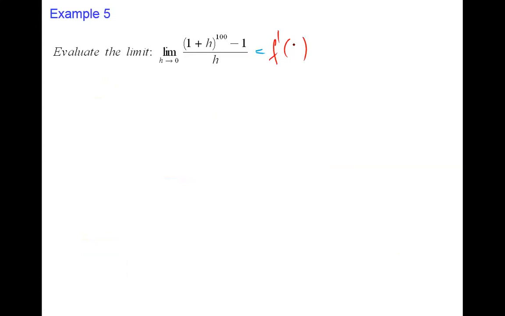Yes, I think the a value is again 1. This is my a value. But I still have to figure out what my function is. That means this one is a plus h. What is the formula of the function, whose derivative at 1 this is? It's the quantity x to the power of 100.